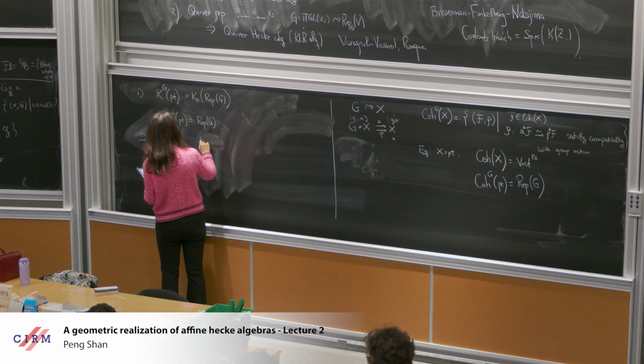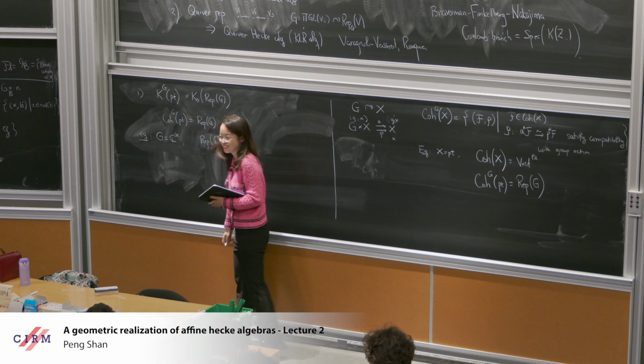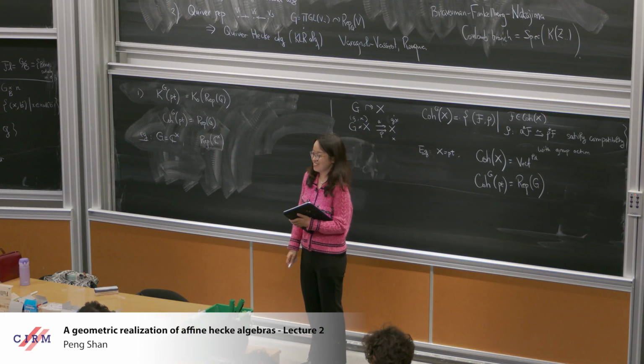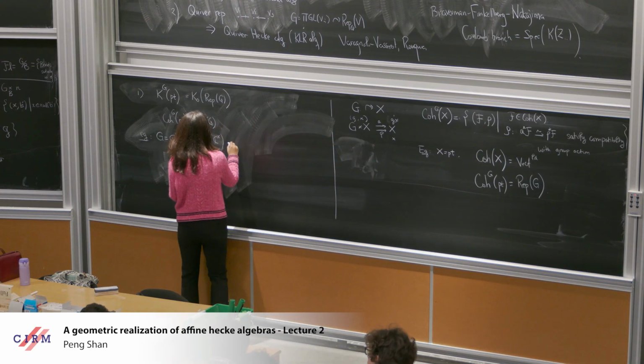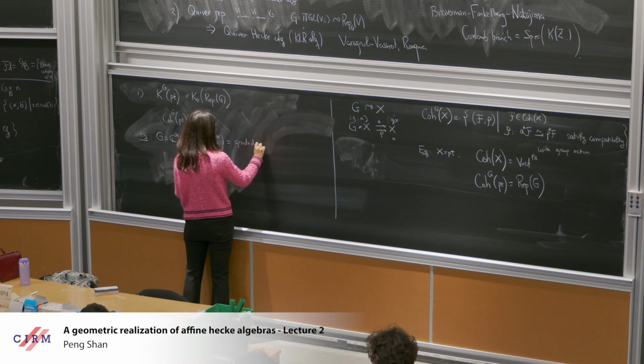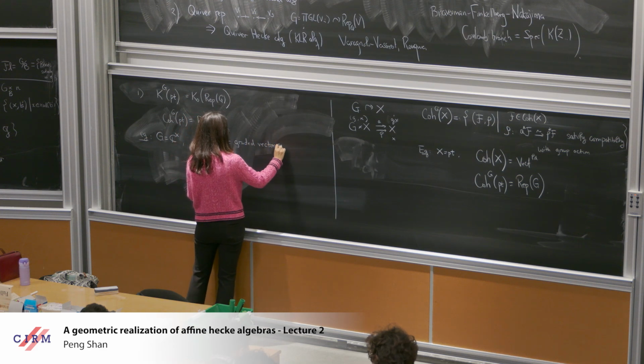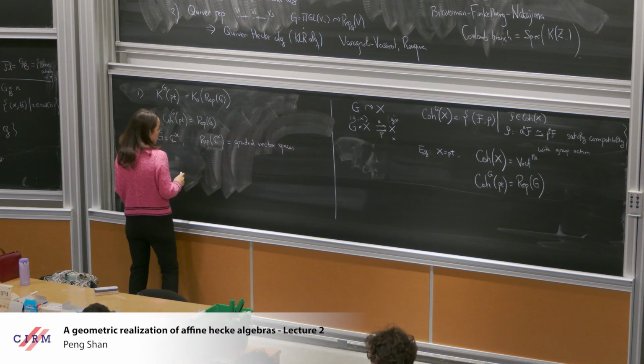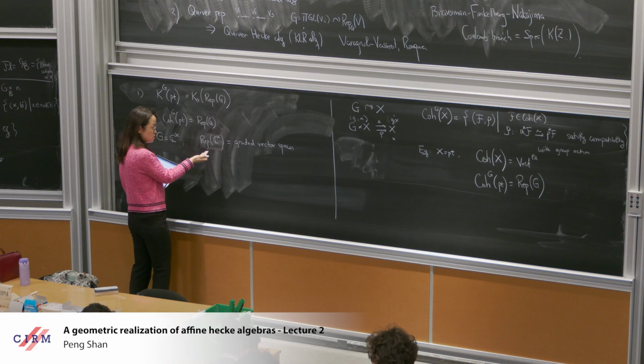So let's say, what is a representation of C star? It's a graded vector space. Therefore, to remember the size of an object, you just need to remember its graded dimension.